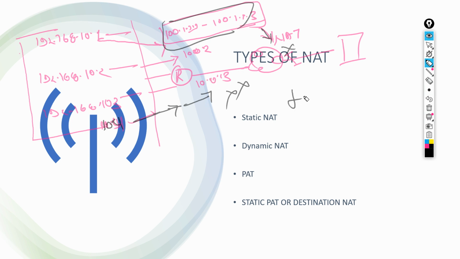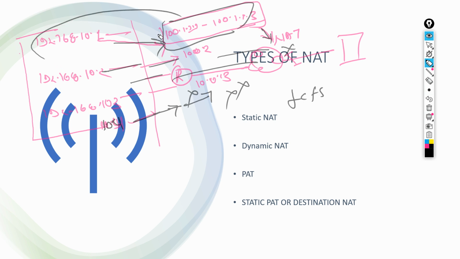We can say first come first serve, meaning the request which comes first will be accepted and sent over the internet. But when we don't have a free public IP, at that time your request will wait, or the packet will drop.